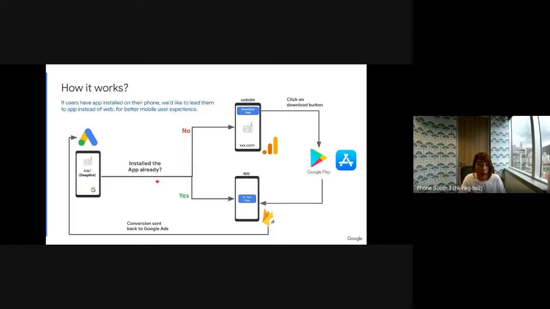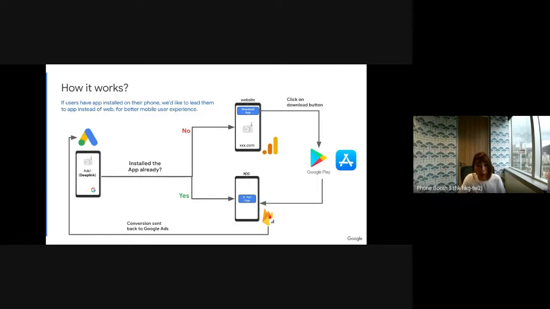So what we want to do with the deep link is to first look at whether the user already installed the app on their device or not. And if the answer is yes, we will take the user directly into the app content or the app page. Then they can continue their browsing behavior from there.